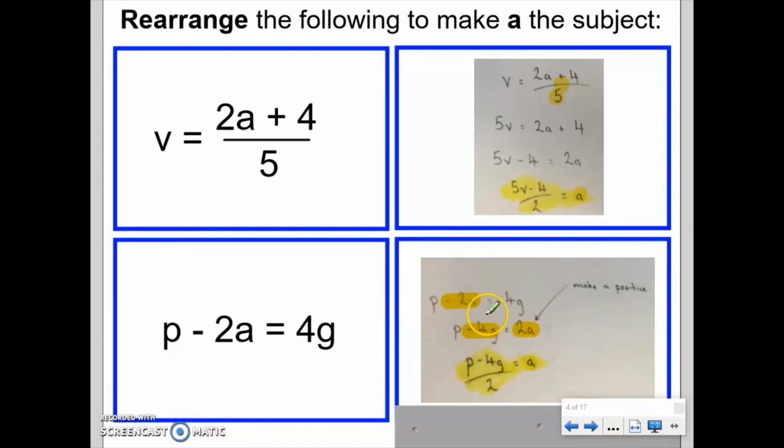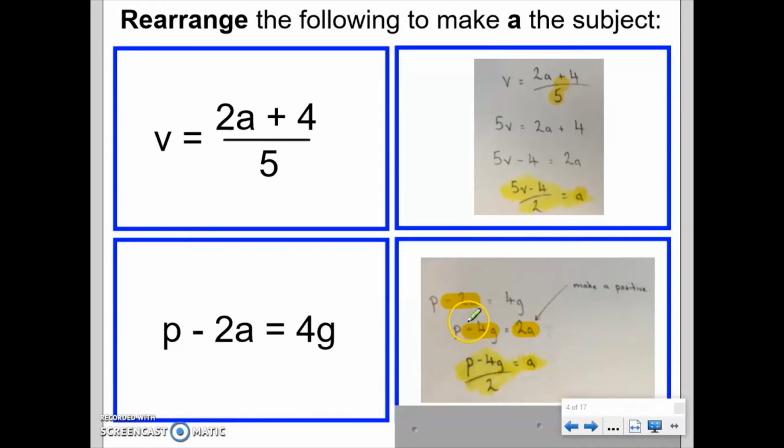So just to go back to the first line here, you may have tried to move this p over here by subtracting p from each side. But as you can see, that would have left me with minus 2a. So I would have been dealing with a negative. Yes, you could have divided by negative 2 to leave yourself with a single a, but I just prefer to deal with a positive when I can.